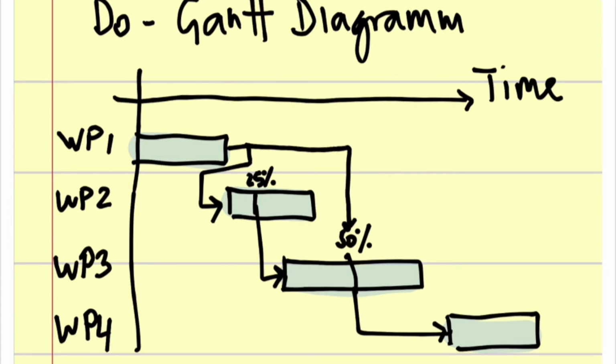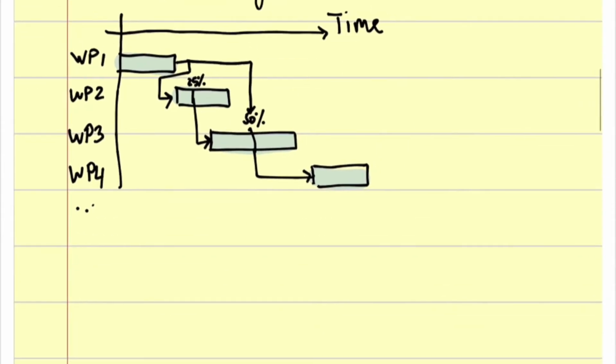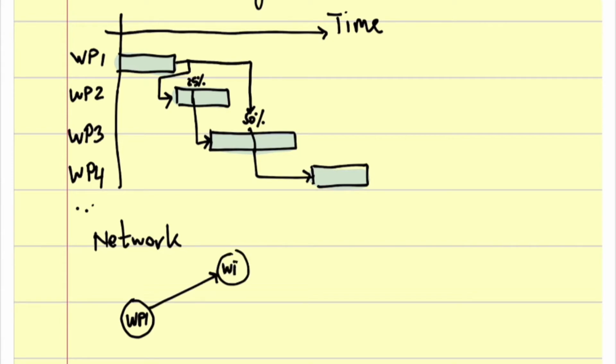And in this way, you can think of this timeline as a network where you put work package 1, and then you say it is connected to work package 2, and to work package 3, and work package 2 is connected to work package 3, and work package 3 is also connected to work package 4.